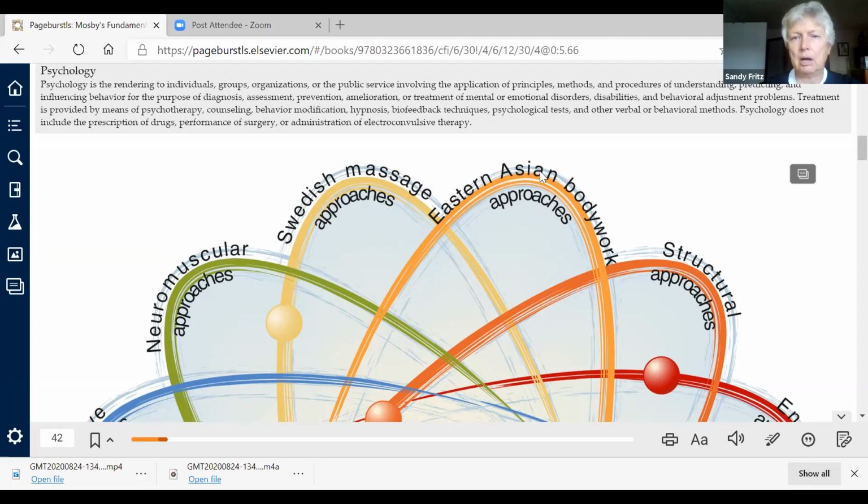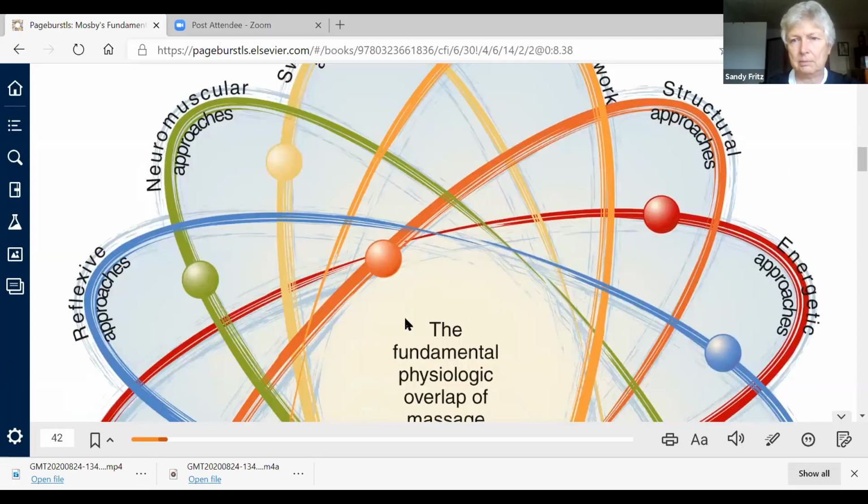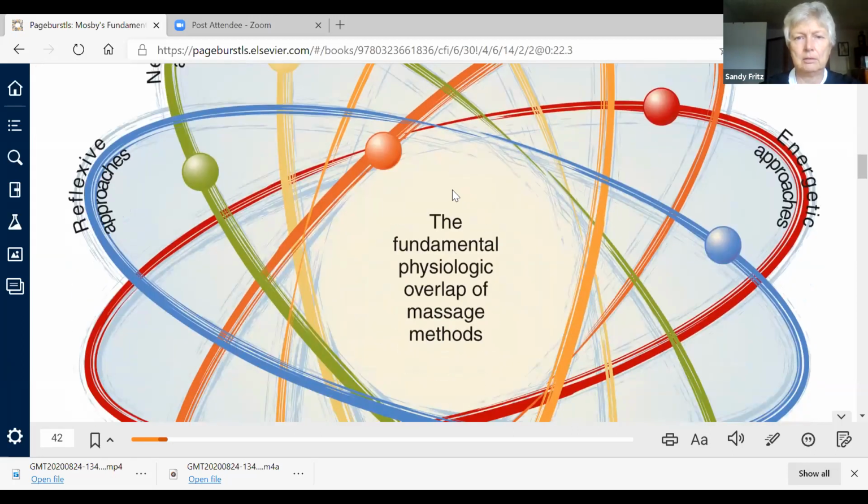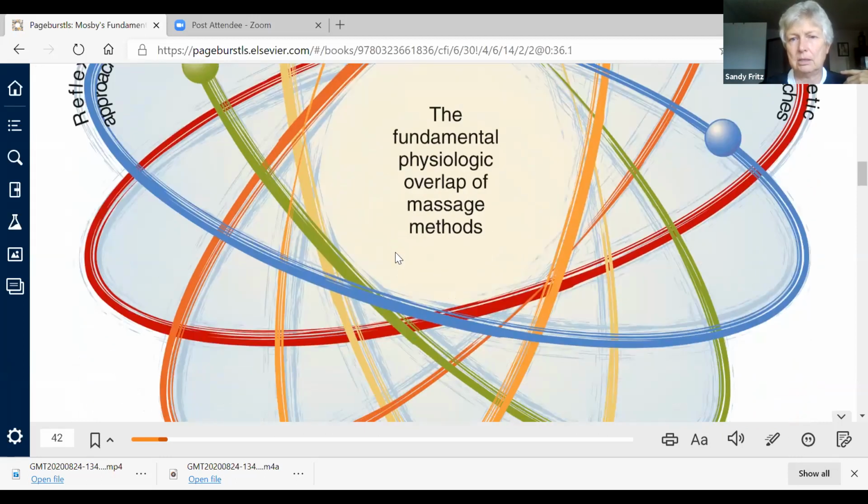We can include all aspects of all of these things within massage therapy. And Swedish massage is a very good form and style of massage, and it overlaps in much of the area that people see as methods and approaches for massage therapy, but it's only a part. We have evolved beyond that.